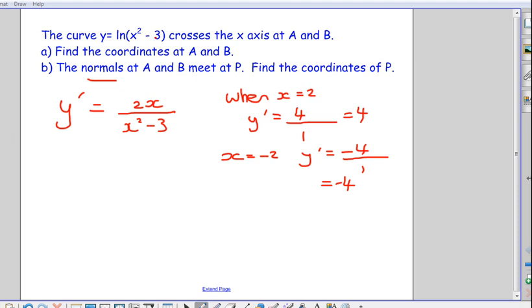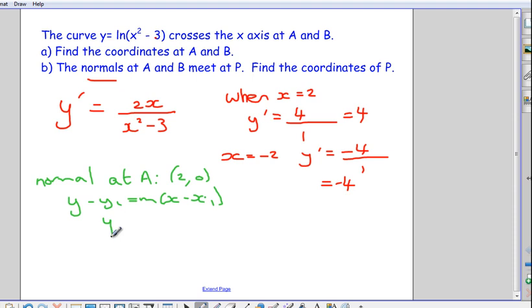We don't want to fall for that error. So let's find the equation of the normal at A. So we're going to have y minus y1 equals m(x minus x1). So remember that the coordinates at A are 2, 0. So y1 is always going to be 0, so straight away we get y is equal to. Now the gradient of the normal is going to be the gradient of the curve with a change in sign and the reciprocal.